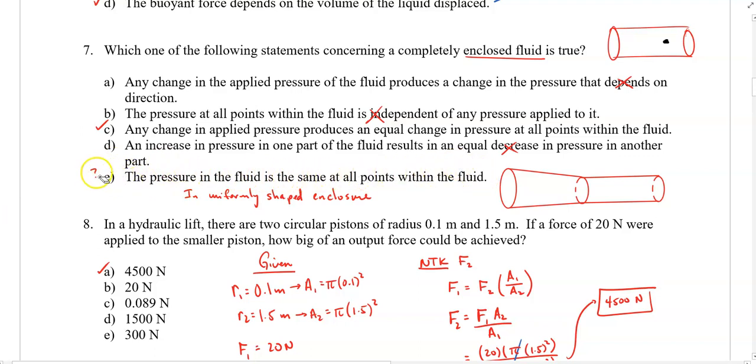And again, this would only be true in a uniformly shaped enclosure. And actually, the more I think about that too, this I think is more of an illustration of fluid that's actually flowing through the system, and that's not really happening here.